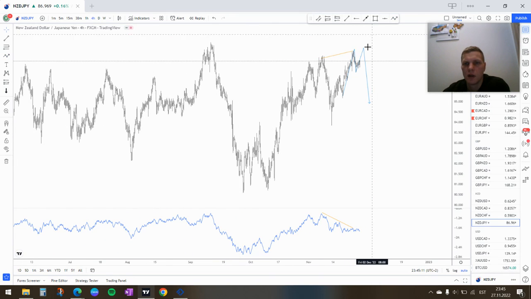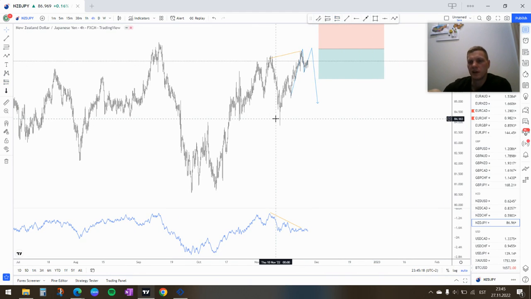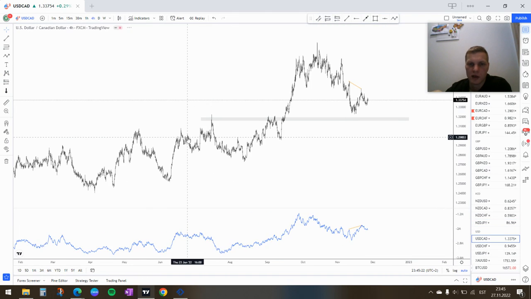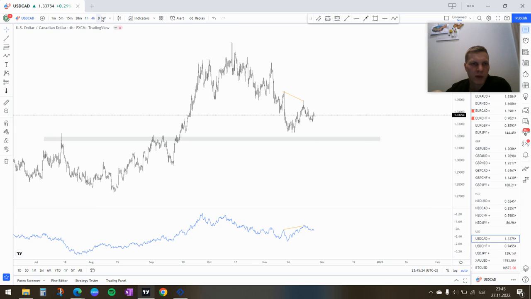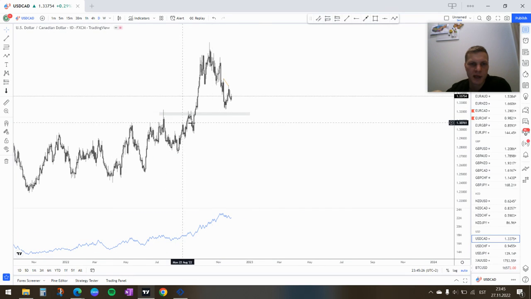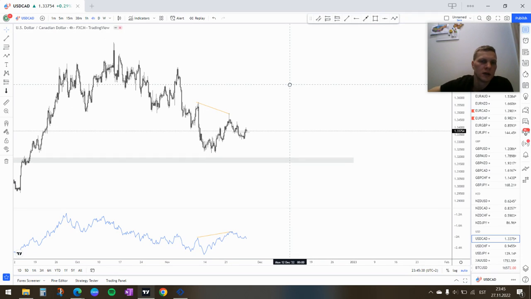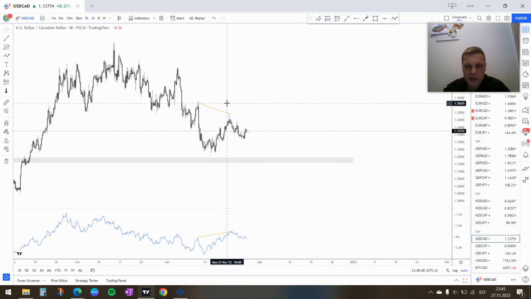So, we'll be looking into sells when price is over here, but there has to be clear divergence. Not taking a trade otherwise. Still waiting on price to come back down here on USD CAD. Right now, it looks like it might be dropping because it's making a downtrend format. Also, a hidden divergence indicating a downtrend continuation.